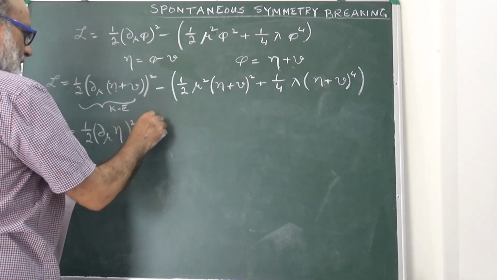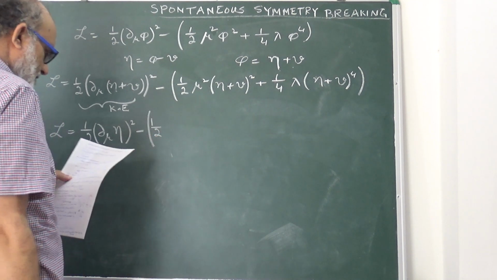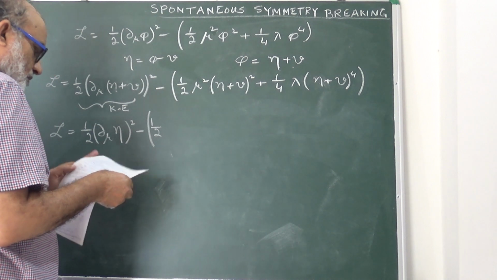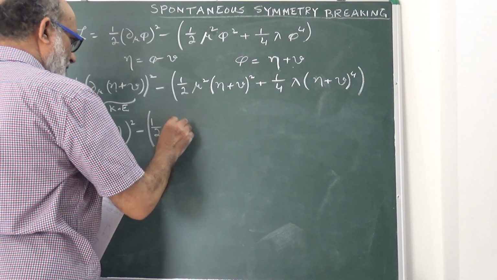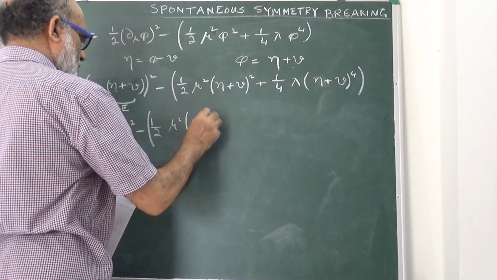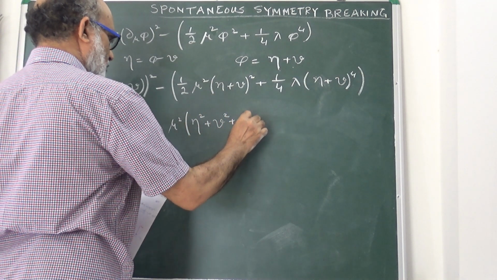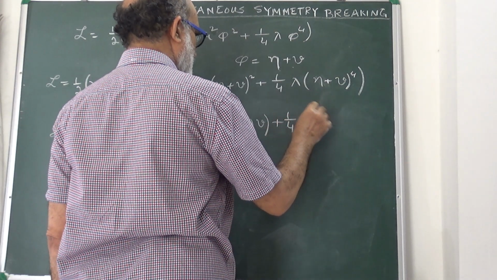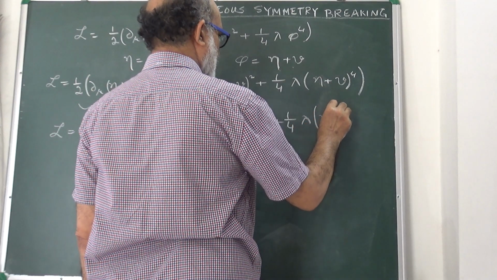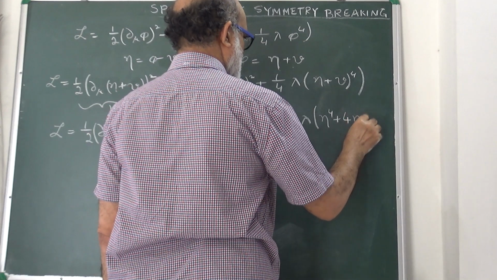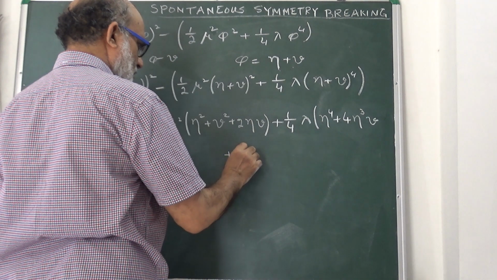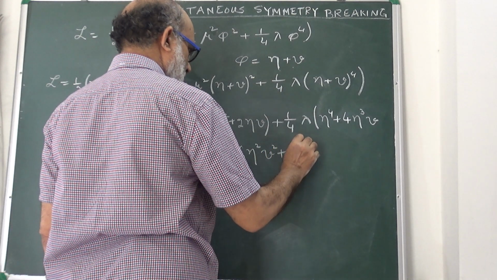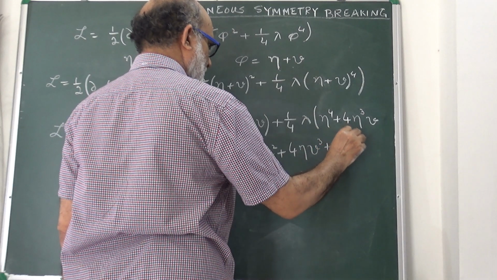Now we have half mu square eta square plus v square plus 2 eta v, plus 1 by 4 lambda eta to the power 4 plus 4 eta cube v plus 6 eta square v square plus 4 eta v cube plus v to the power 4.